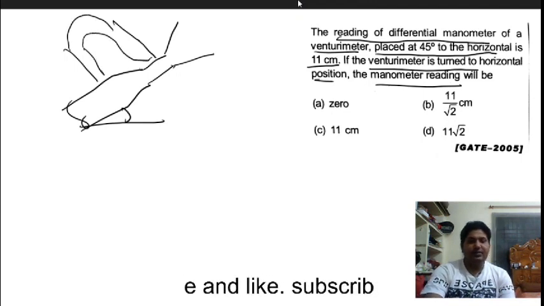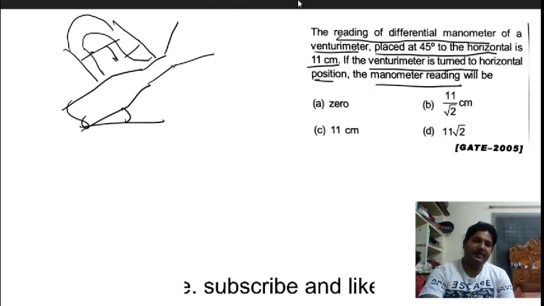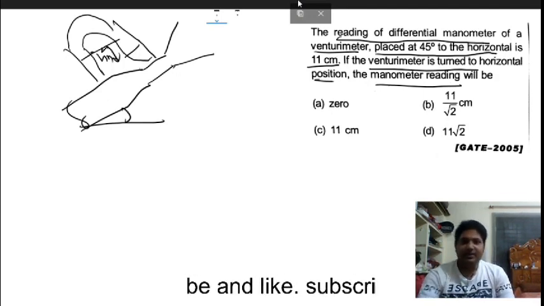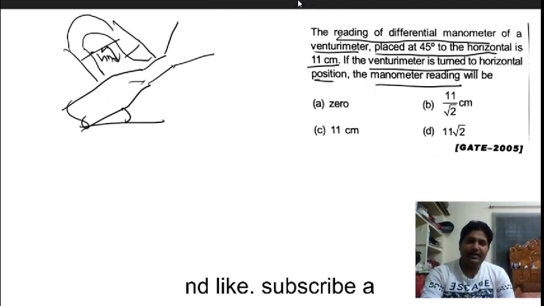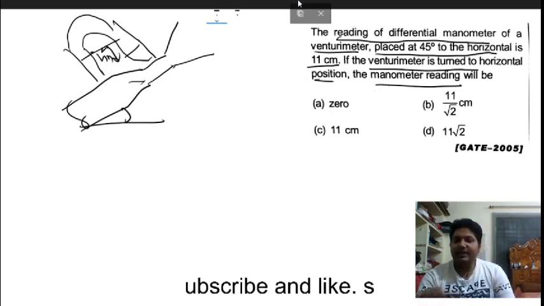Whatever the deflection you are getting, this hm, if you turn the venturimeter into the horizontal direction, the deflection will not depend upon the orientation of the venturimeter.